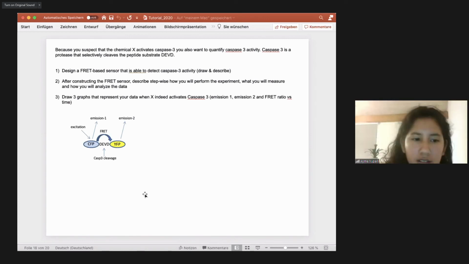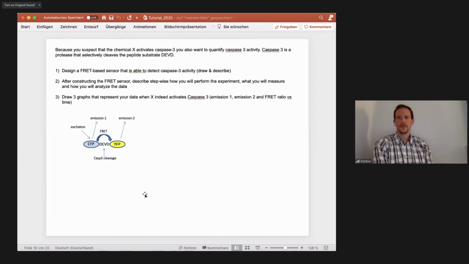So which one activates which one? CFP activates YFP. How do you calculate FRET? By calculating the amount of energy being used to excite... Not energy, you measure emissions. So you measure the intensity at certain wavelengths. So how do you calculate FRET?